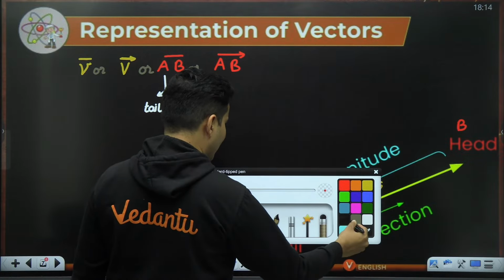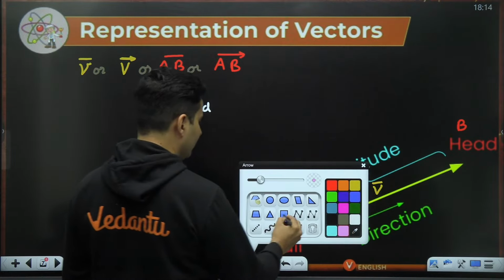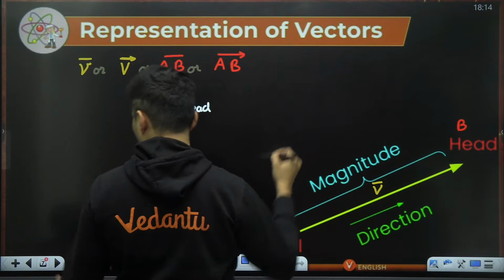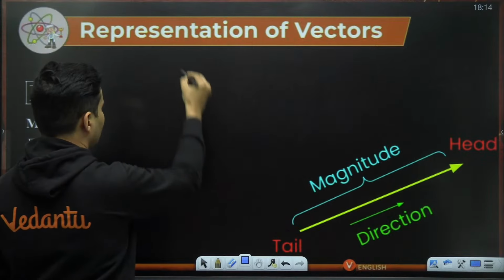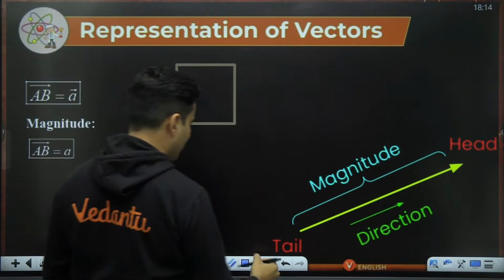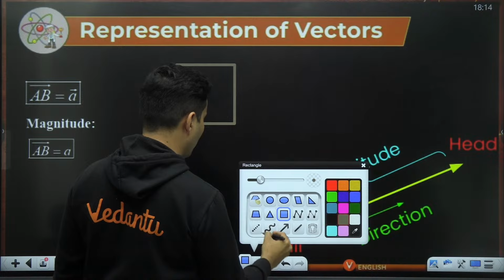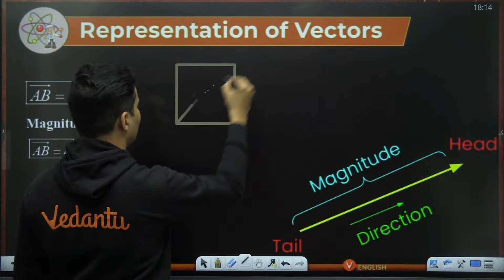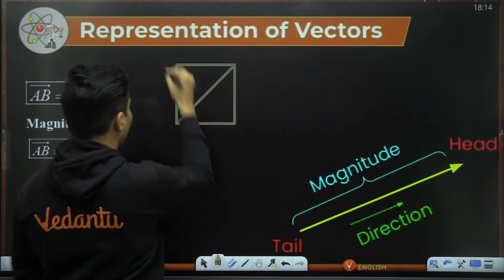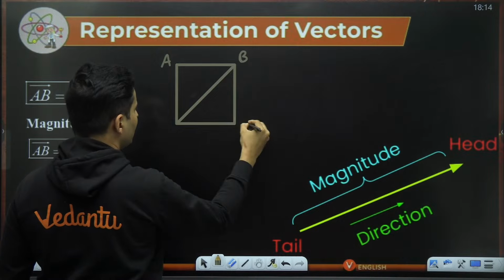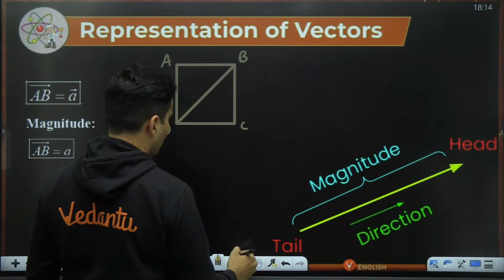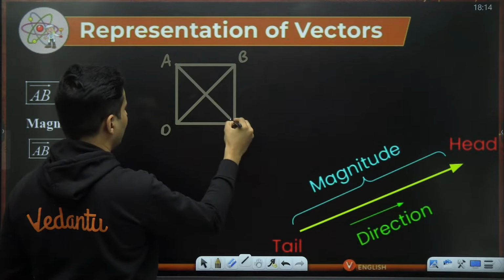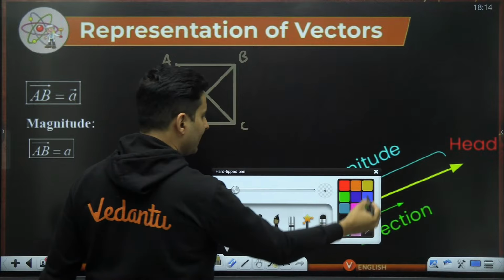Say for example, if I take a square, or some kind of polygon or geometrical figure, I can mark points A, B, C, D. So I can make so many vectors out of them.